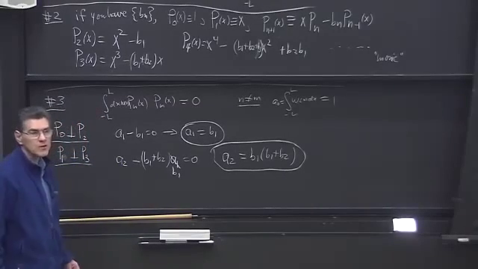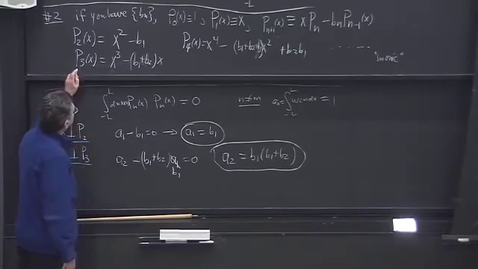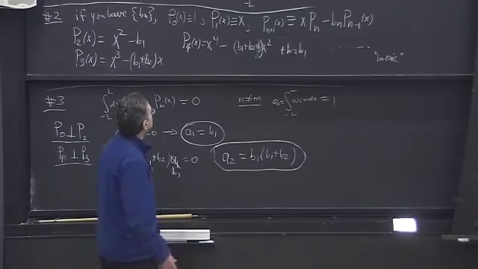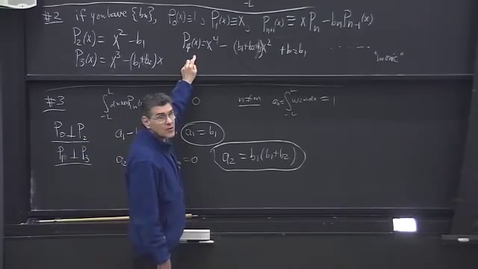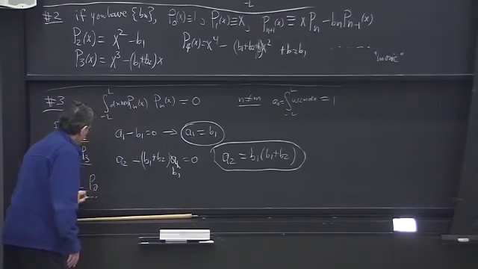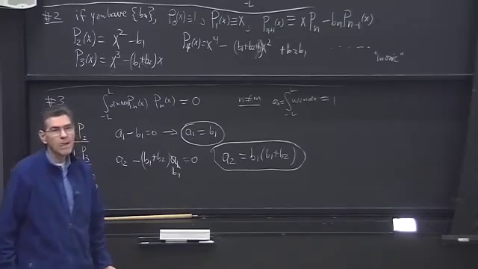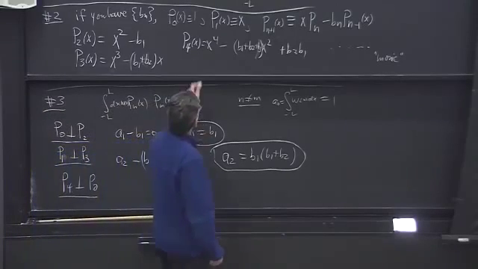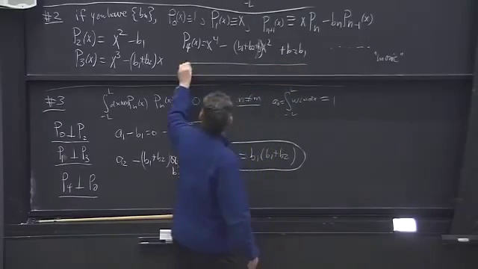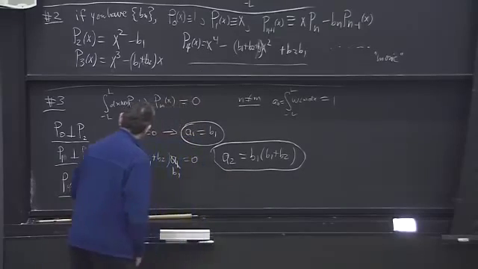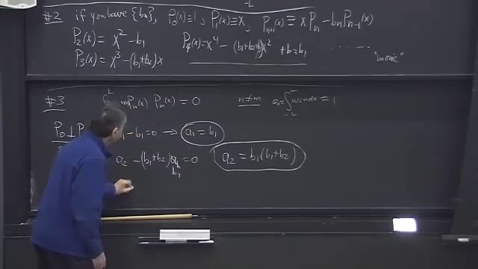What's another interesting condition? What if we require that P4 is orthogonal to P0? Let's see what that says. If you multiply P4 times P0, which is just 1, and we integrate, here we get the condition a2.